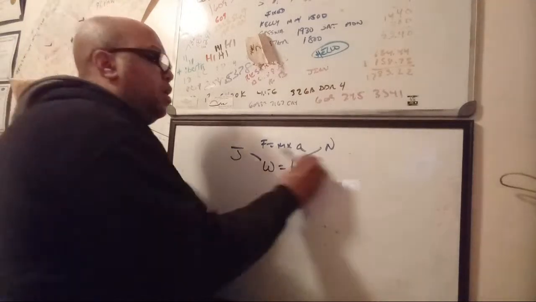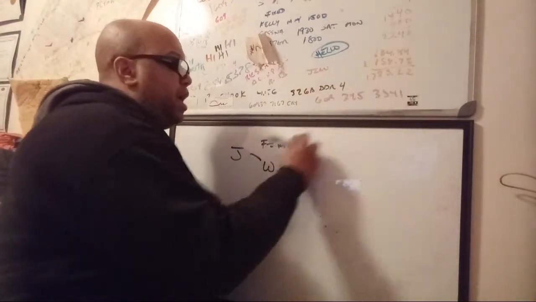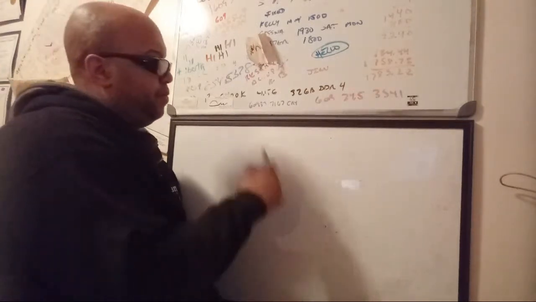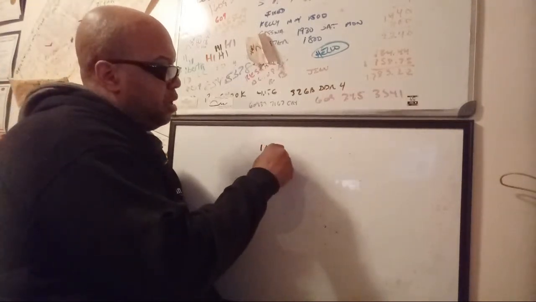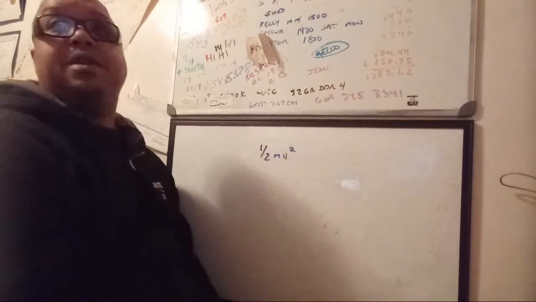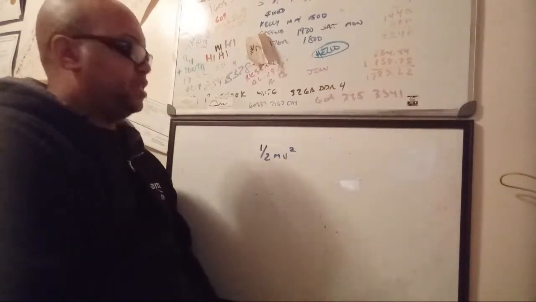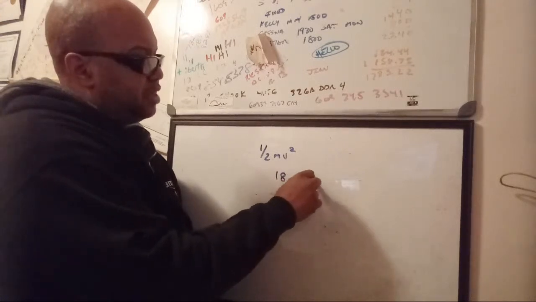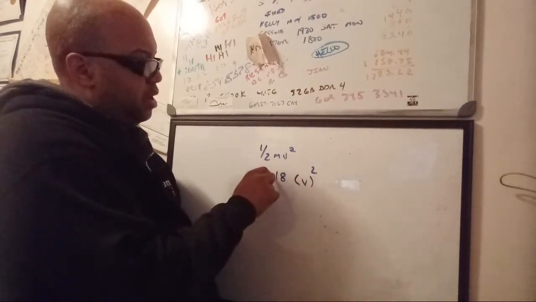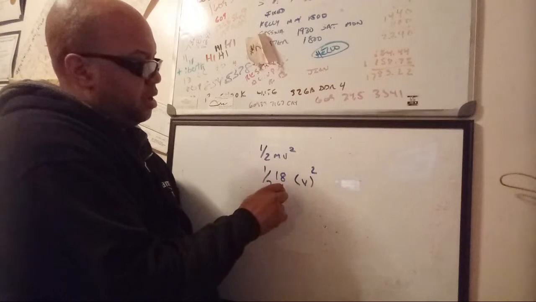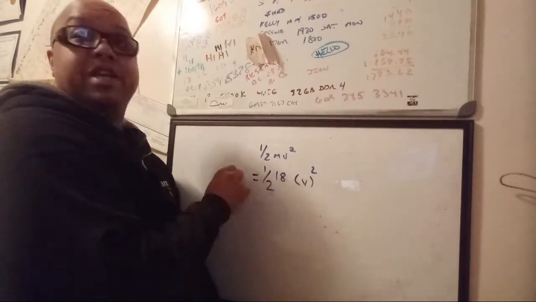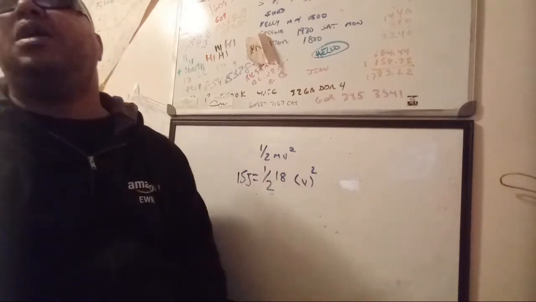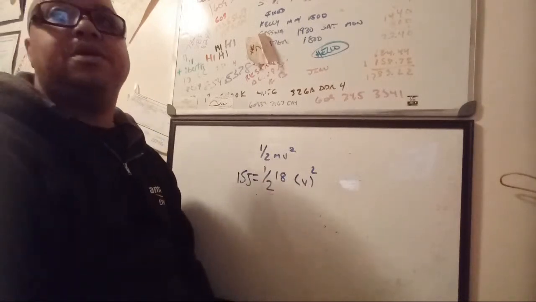So our mass is 18 kilograms, and we're trying to find our velocity squared. We expended 15 joules, so that works in this situation.